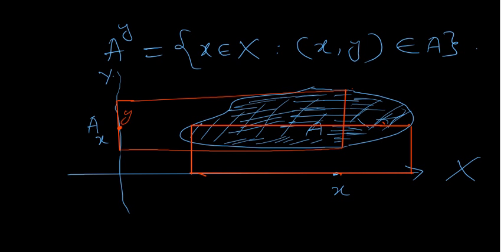So that's your Ay. So this Ax, which is a subset of y, and Ay is a subset of x. This is the x section, and that one is your y section.